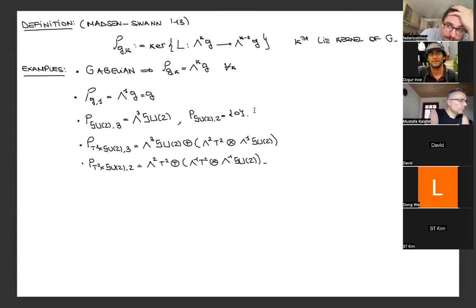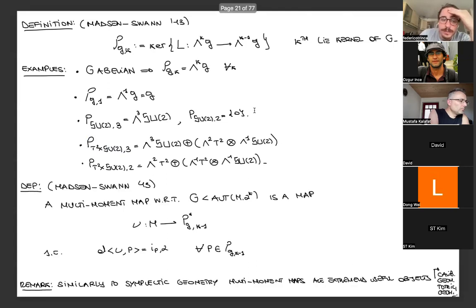So it doesn't really matter massively, but the important thing is that we can now, using such a definition, define multi-moment maps, which are just maps into this subalgebra of lambda kg, for which the usual definition of moment maps can be extended naturally.